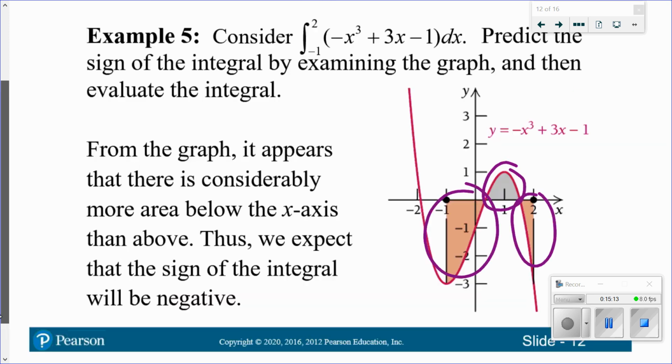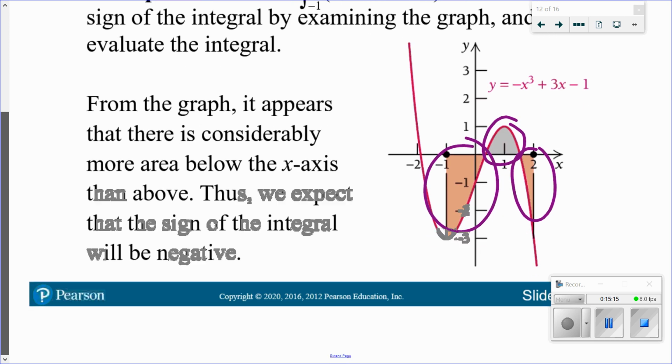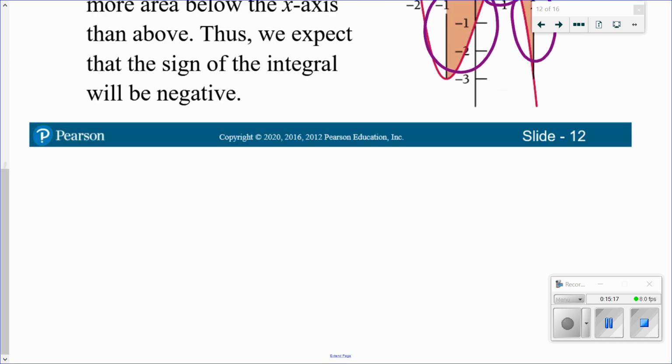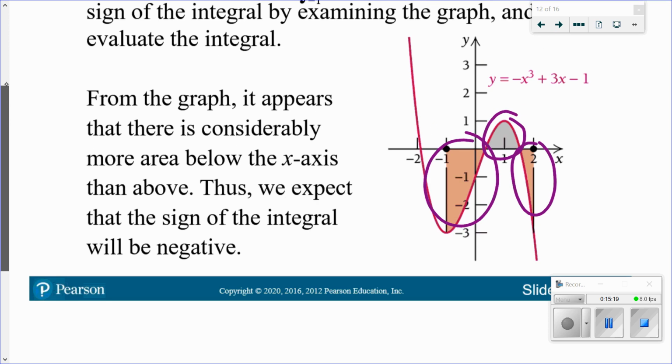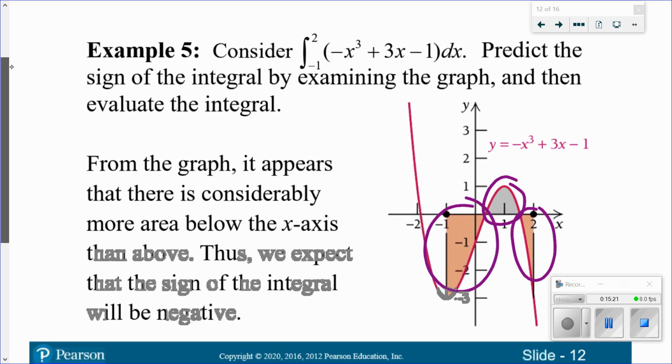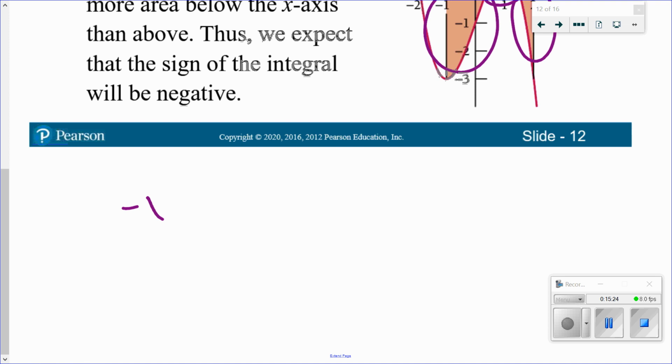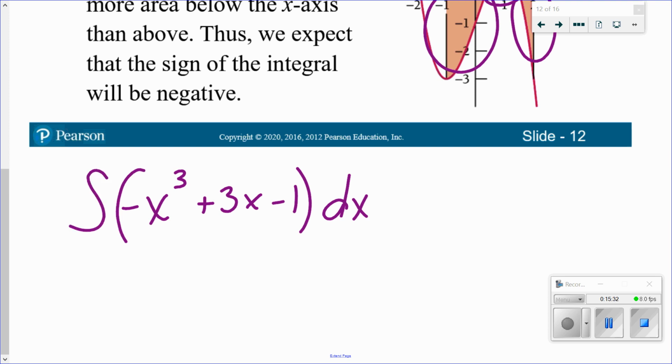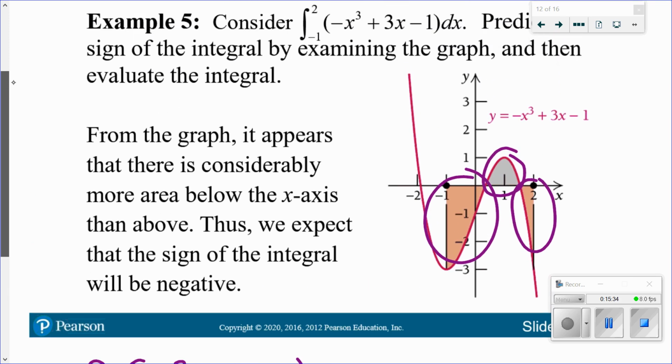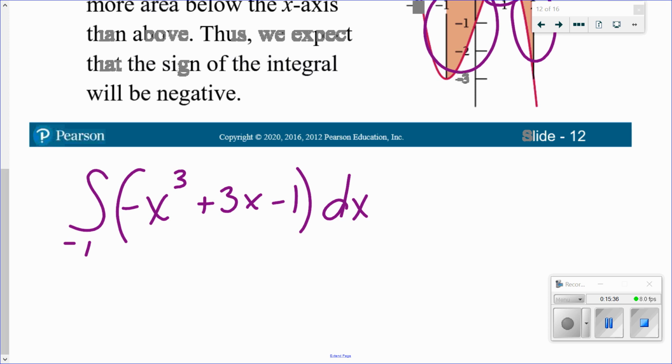So we had, if I can extend the page here, negative x cubed plus 3x minus 1, and it went from -1 to 2.